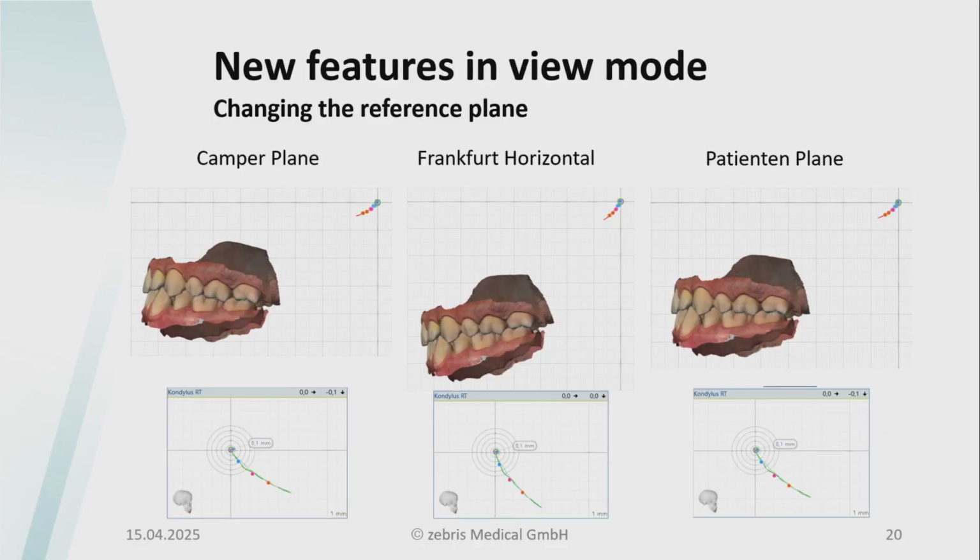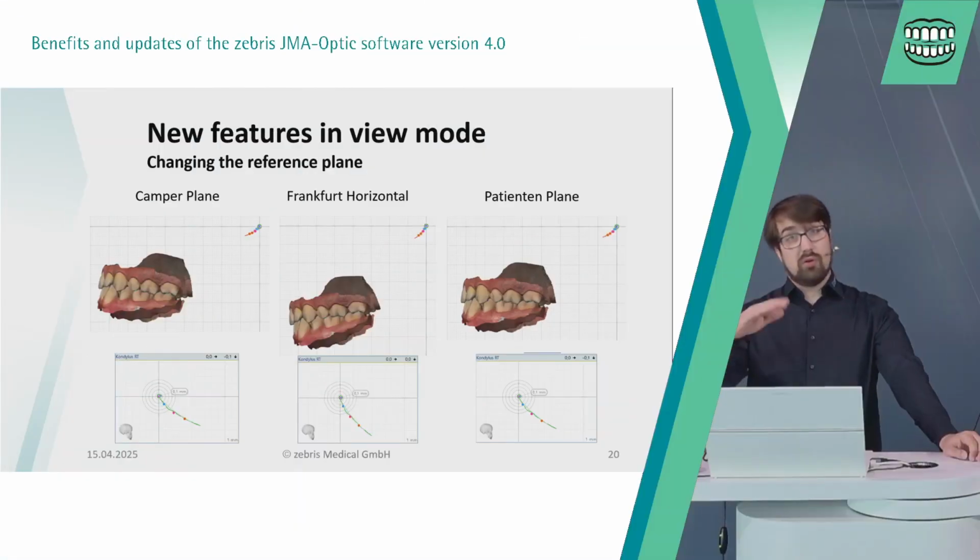So you can see what the curves and the positions of the models, the scans, will look like, for example, in the SAM articulator when you want to see the Frankfurt horizontal plane. As you see here, the movement tracks are also shifting the angle.